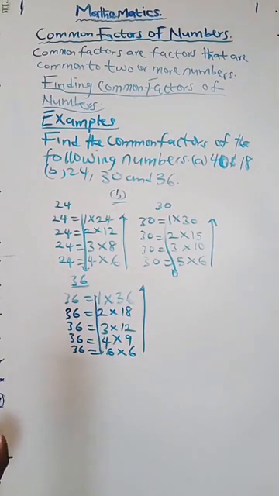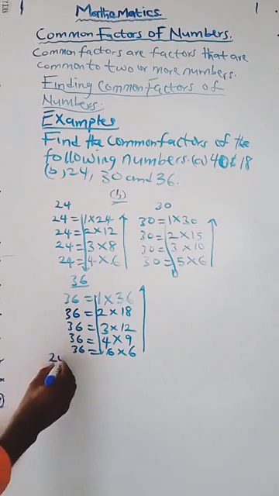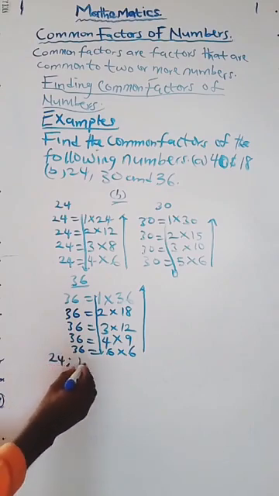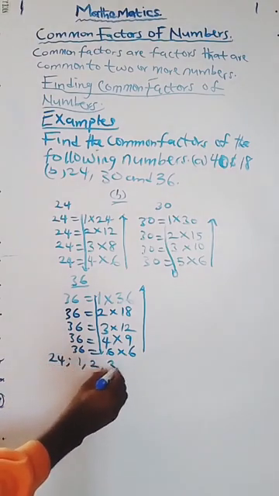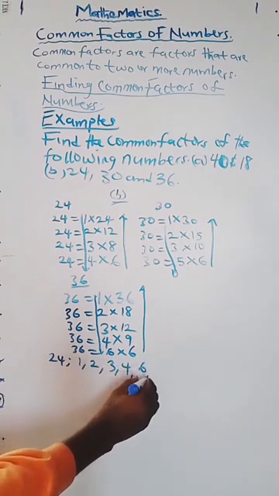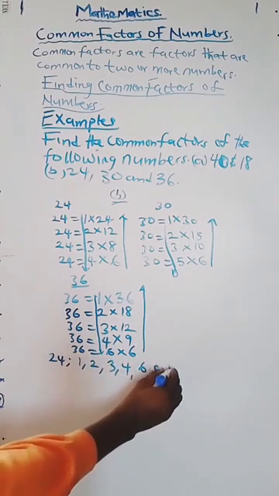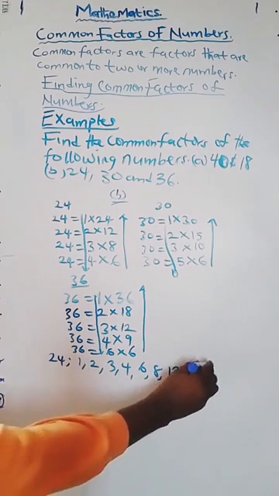So let us write the factors out one by one. Factors of 24 are 1, 2, 3, 4, 6, 8, 12, and 24 itself.